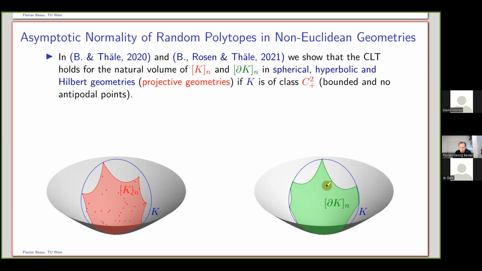So I did not mention this polytopal model, but this is also very interesting in the strictly curved case, where you basically just choose points from the boundary. And these theorems and most of the earlier results I've shown you, we not only know in the spherical space, we also know them in other geometries like Hilbert geometries, hyperbolic spaces.